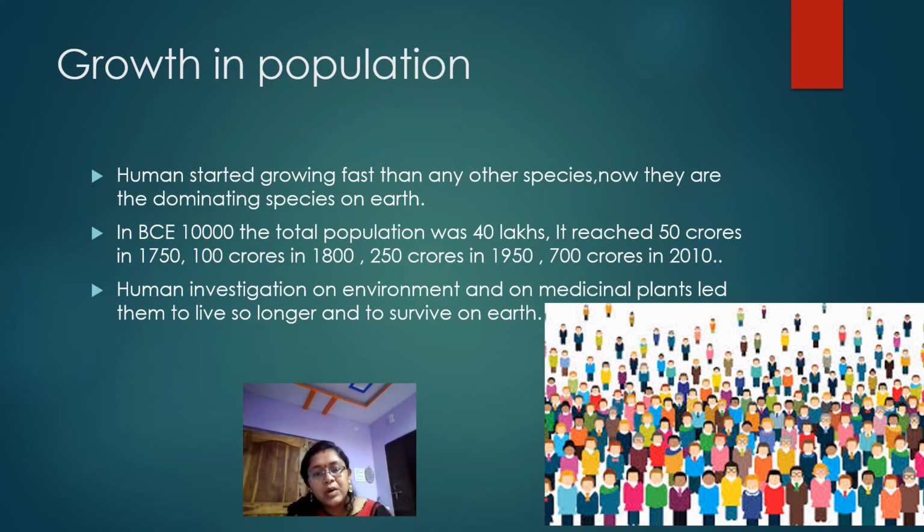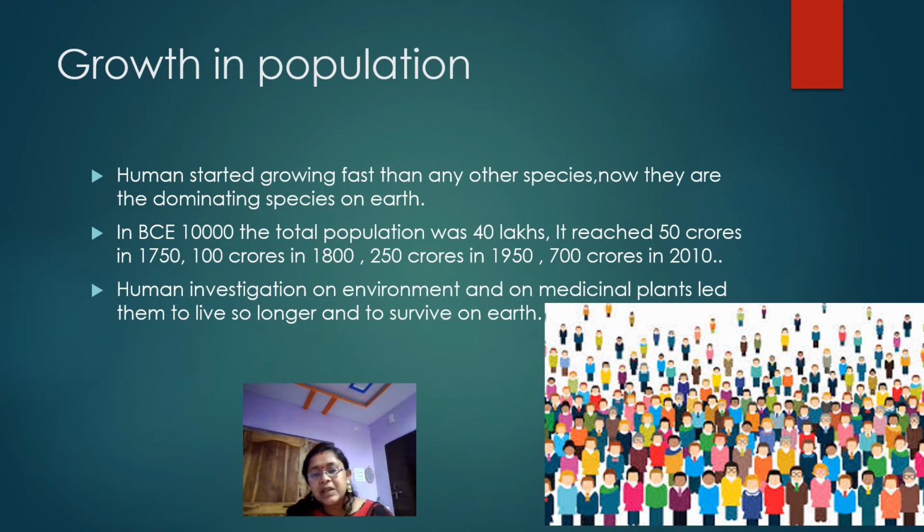The total population, which was just restricted to 40 lakhs, has now come to 790 crores at present. How is it possible? Due to the exploration that man has done. He started with small sicknesses, where a man used to die. But they researched a lot on medicinal plants, medicinal trees, and the medicinal field, and used different technologies in order to save a man's life.